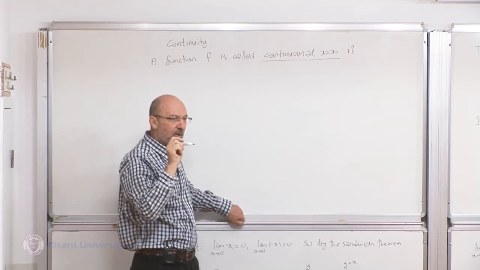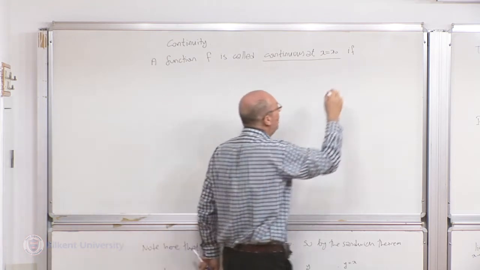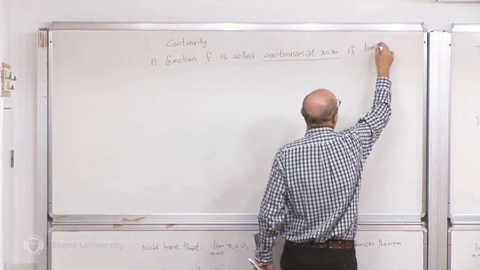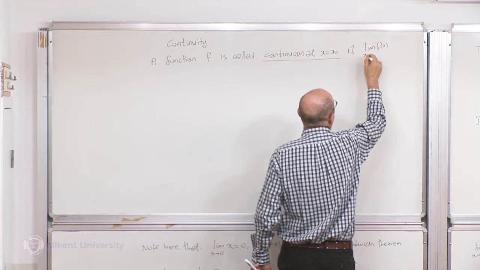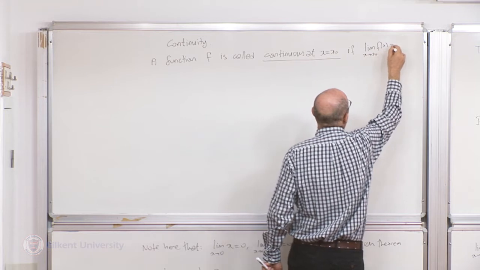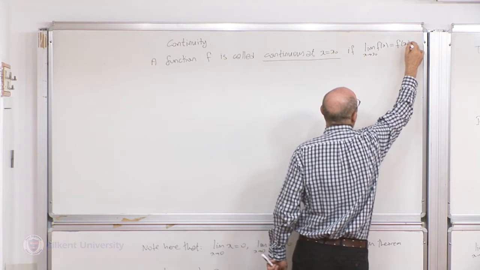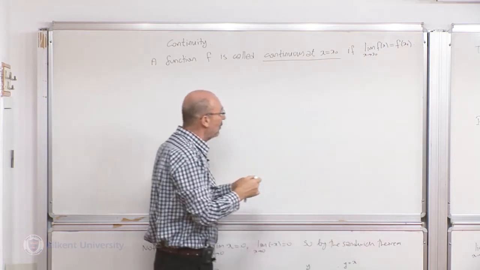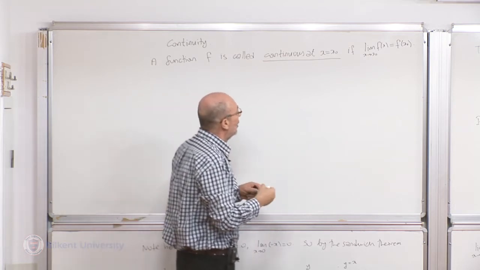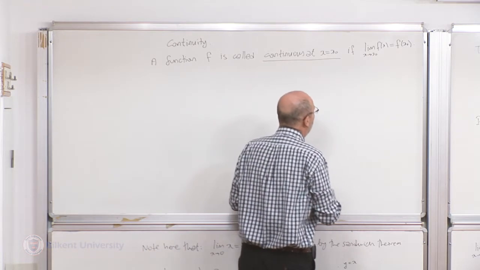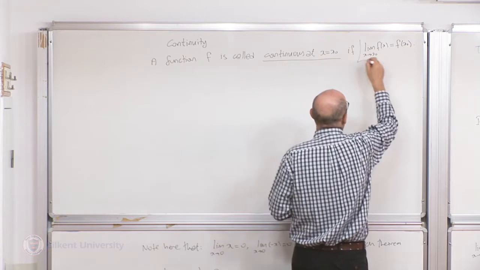This is saying what happens at a particular point. If the limit of f of x as x goes to x sub 0 is equal to f of x sub 0. Okay?